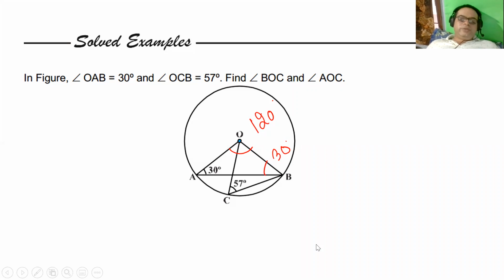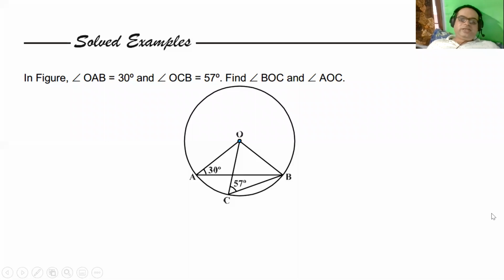Triangle AOB is an isosceles triangle. Why is it an isosceles triangle? Because OA is equal to OB. And why is OA equal to OB? Because they are the radius of the circle. Sorry, I said radius of the triangle, which is in itself a very absurd term. When you say radius of the triangle, you have to specify which radius.